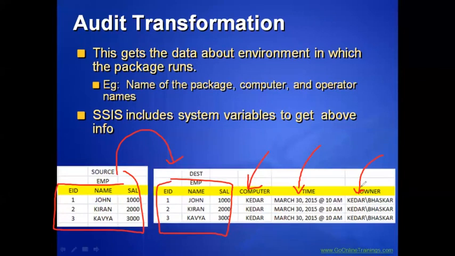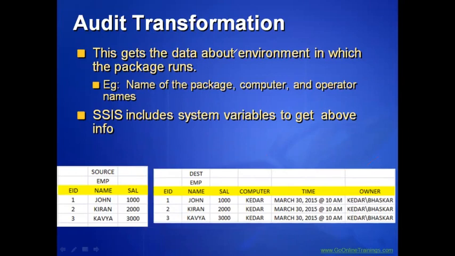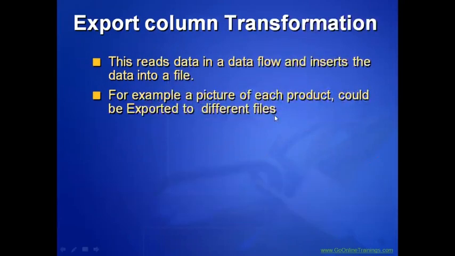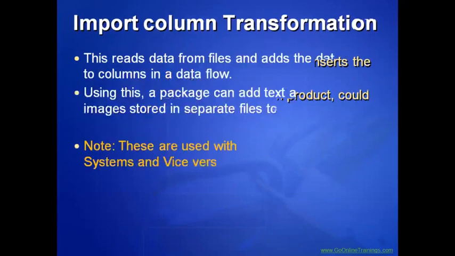Clear? If you wanted to have some audit information, you will be able to use your audit transformation. This is to know whether it is coming from a proper source or not. Clear?